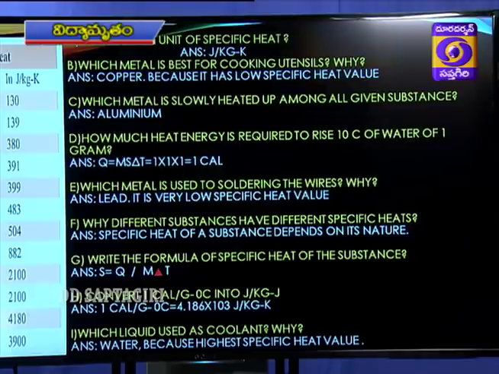We have to write down Q is equal to m into S into delta T, that is mass is 1 and specific heat of water is 1 and the temperature increase is 10, so 10 calories will be there. Here I had given only for 1 degree centigrade. If you want to calculate for 10 degree centigrade, you have 1 into 10, that is 10 calories.